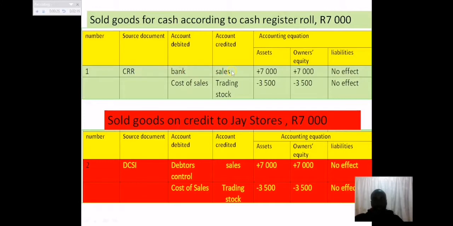And then we are going to have sales, which is an owner's equity account, as income, and income increases the owner's equity, and owner's equity increases on the credit side. So when we look at what happens to the accounting equation now: plus 7,000 in assets, plus 7,000 in owner's equity, and no effect on liabilities. So assets equal owner's equity. Our accounting equation is true.